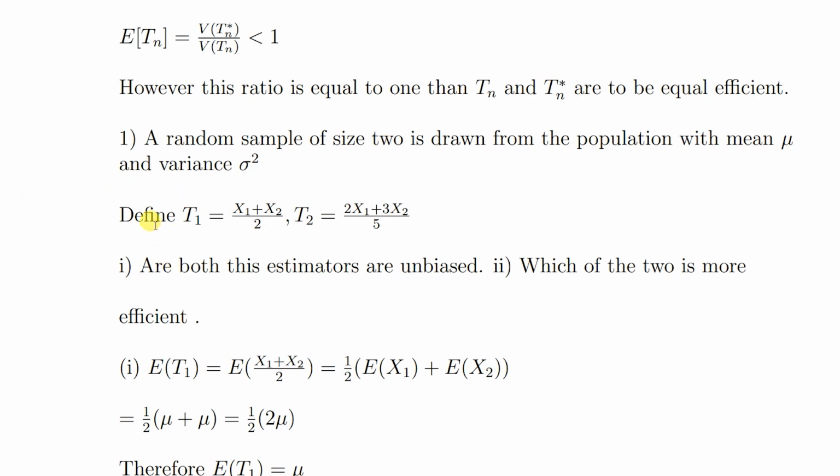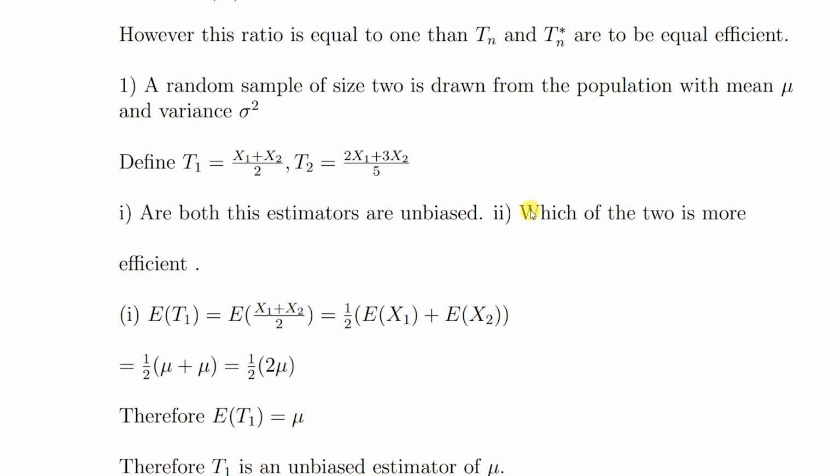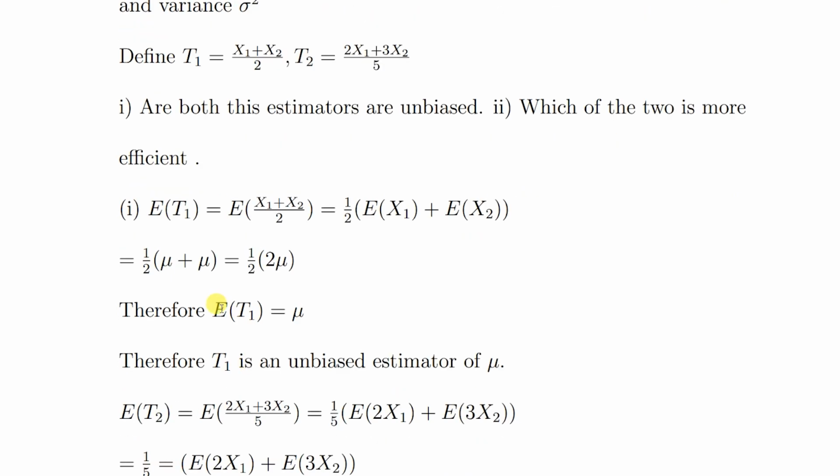Define the statistics T1 = (x1 + x2)/2 and T2 = (2x1 + 3x2)/5. We are going to consider whether these two estimators are unbiased and which of the two is more efficient. Consider the first one. First we check whether it is an unbiased estimator.